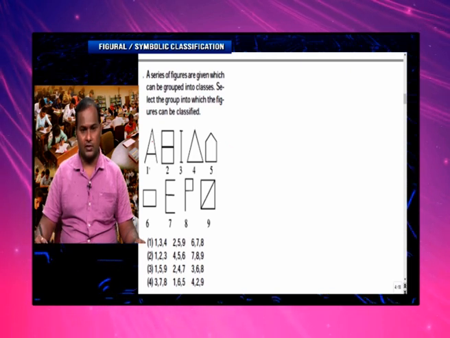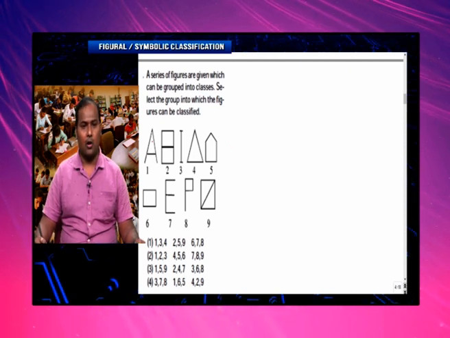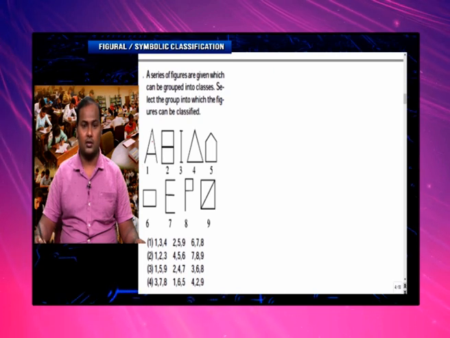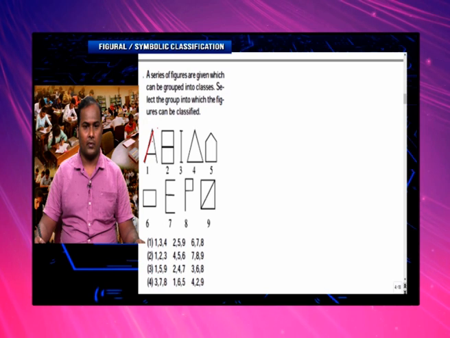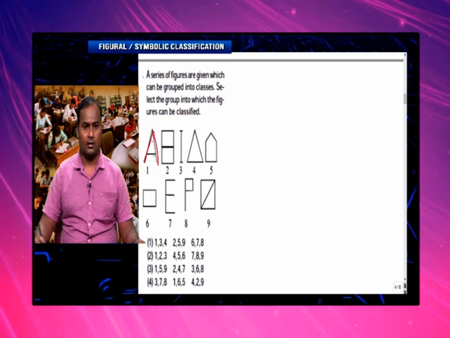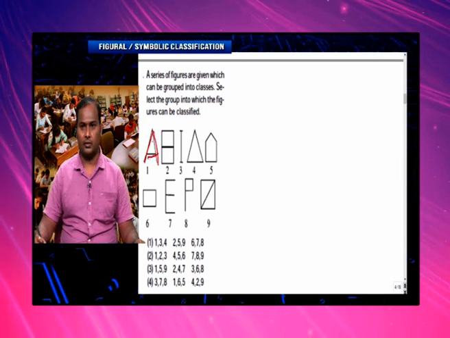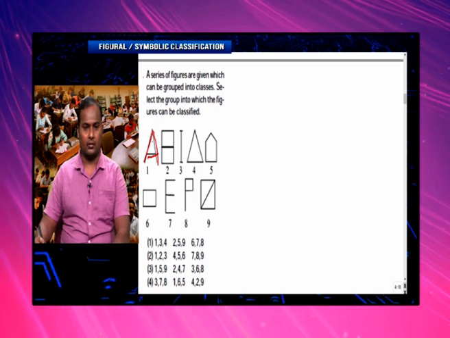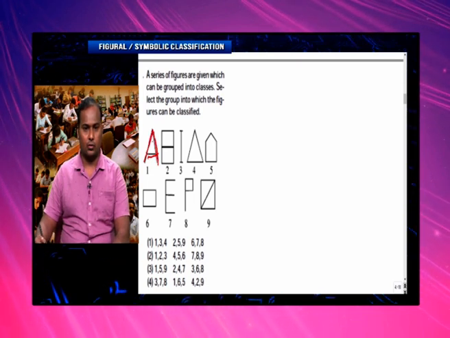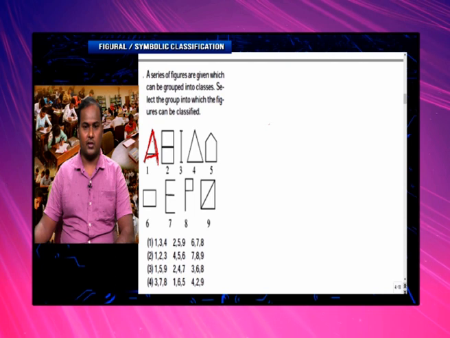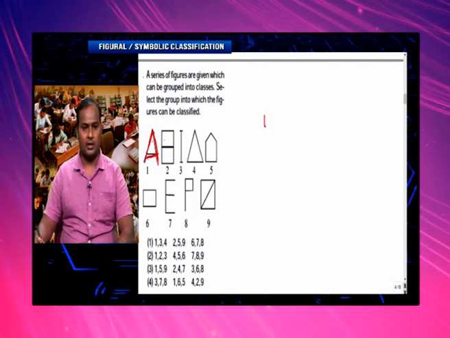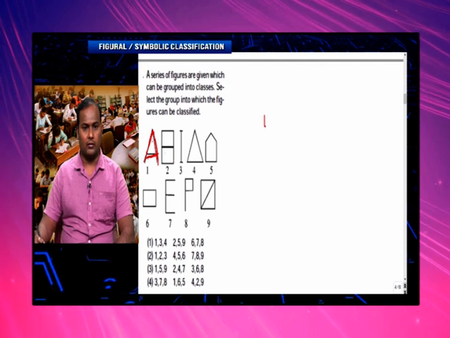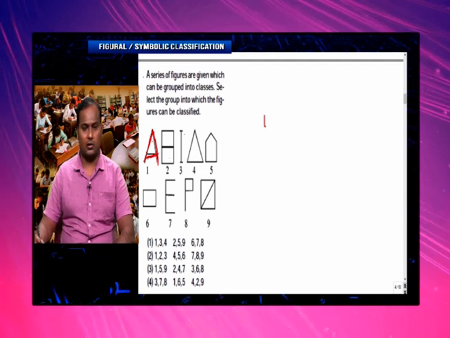For example, see the first one. In the first one, how many lines are there? There are a total of 3 lines. In A, this is one line, this is the second line, and here it forms the third line. So the first one, based upon the number of lines, is 3. In the second one, if you see, there are 1, 2, 3, 4, 5 lines, which is not possible.